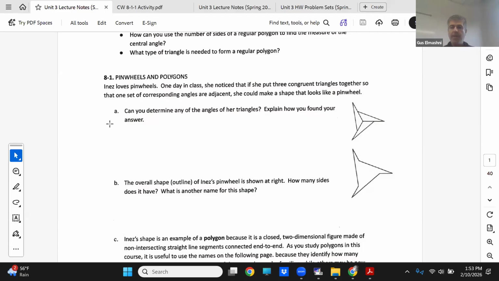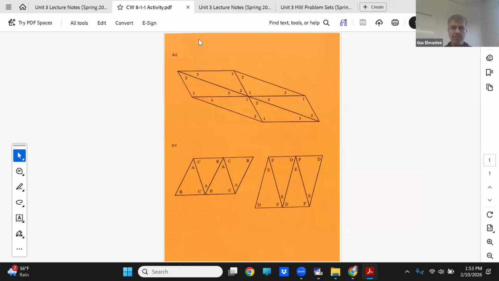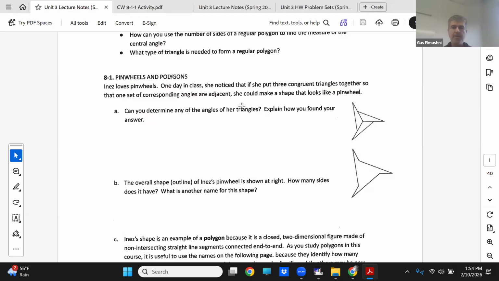What I'd like you guys to do, you have this sheet here, and actually we'll cut this out in a moment. We'll do the cutting not yet. Let's just take a look at this diagram here.